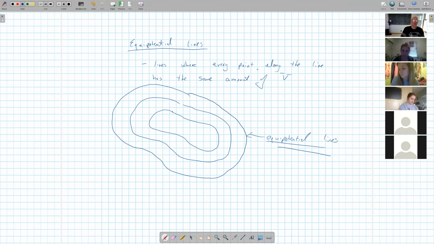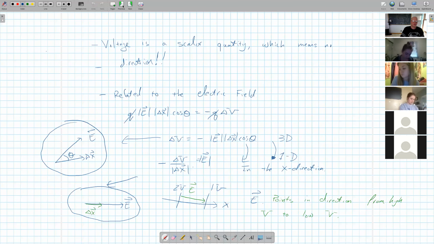Now, let's go back to this expression. What this cosine portion basically tells me is that the electric field must be perpendicular to these equipotential lines. Okay? So ultimately what this expression tells me is that my electric field is perpendicular to the equipotential lines.